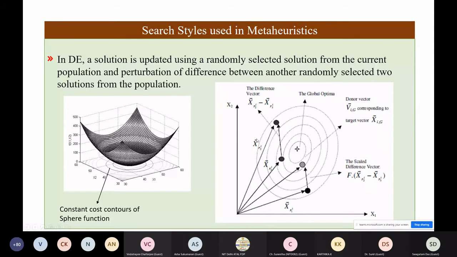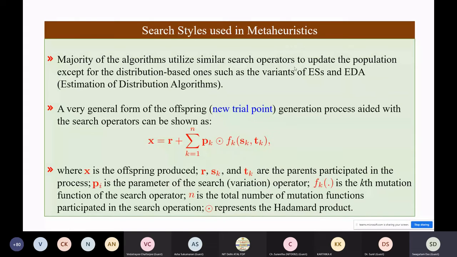That's what we have done. The majority of the algorithms utilize similar search operators to update the population. Most of the algorithms use some kind of scaling and combination of the existing solutions in the existing group, existing population, to form the new candidate solution, except for the distribution based ones which try to modulate or improvise the underlying estimated distribution from where the population has been sampled.